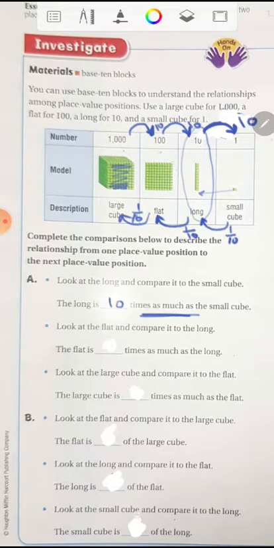The flat is greater than the long by 10 times. Also, the large cube is a missing number times as much as the flat. The large cube is greater than the flat by 10 times. So it will also be 10.